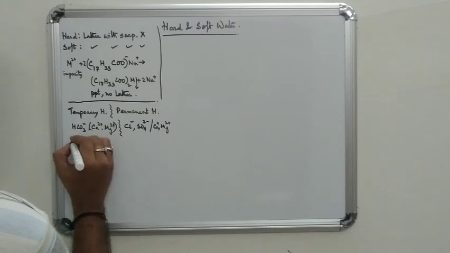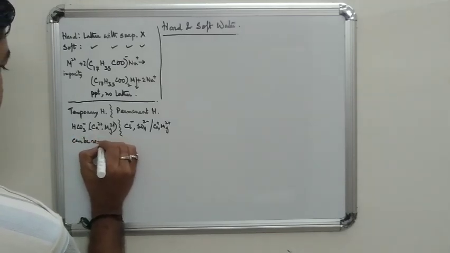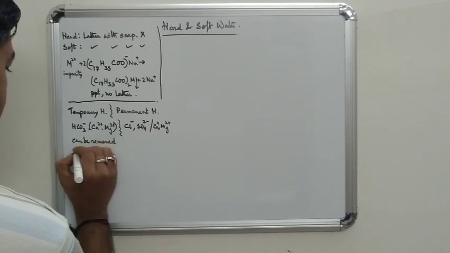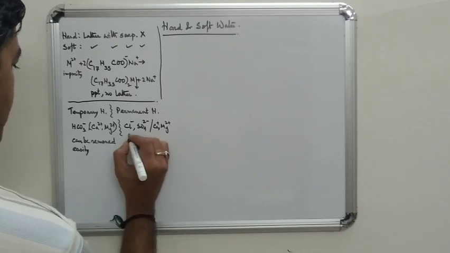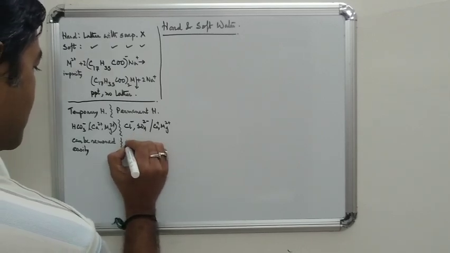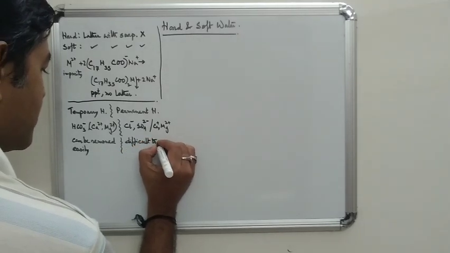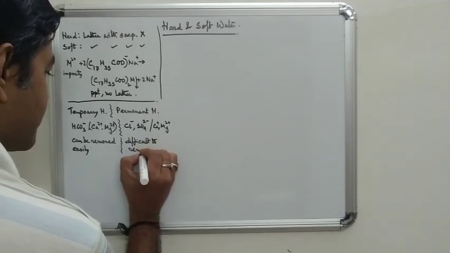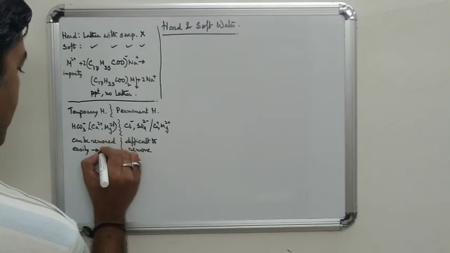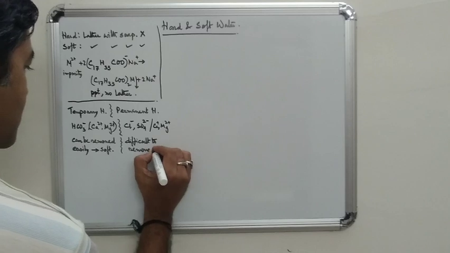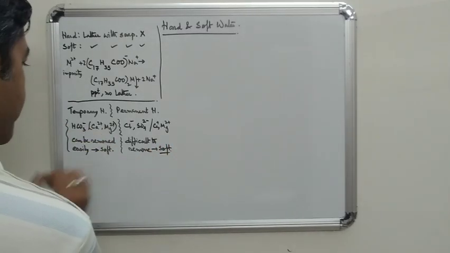Temporary hardness can be removed easily, but permanent hardness is somewhat difficult to remove. The result will be soft water, which is our desired outcome. So we are increasing the softness. Okay.